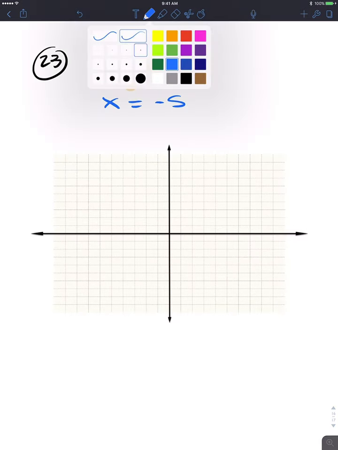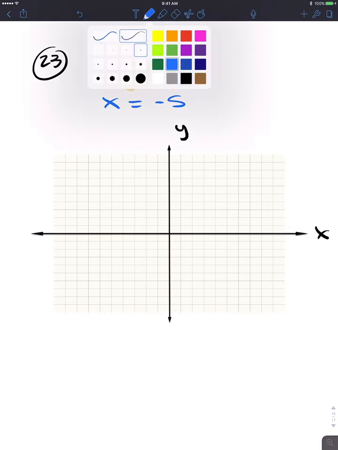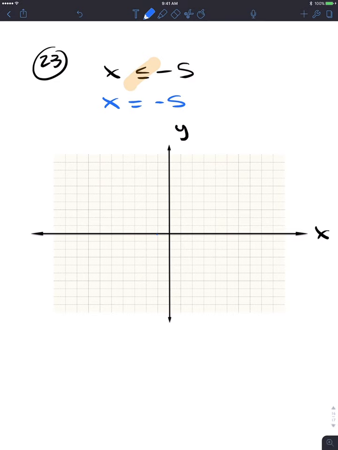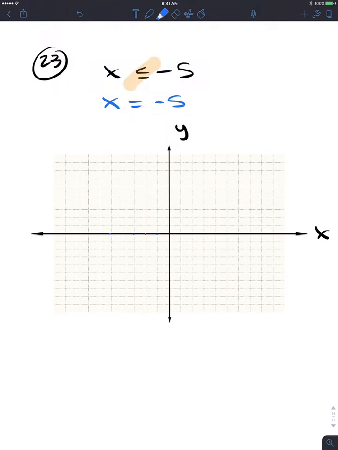Again, x-axis, y-axis. This time, our line goes through the x coordinate value of -5. -5 is to the left. 1, 2, 3, 4, and 5. If we highlight this, it's right here.